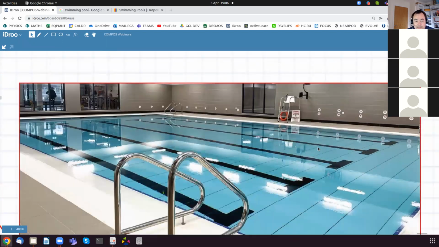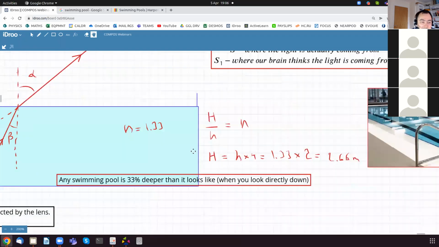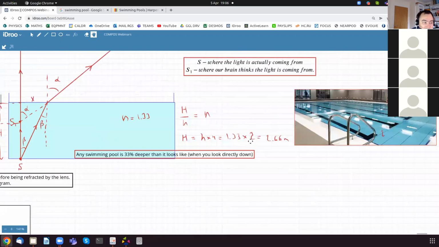You can see here the swimming pool looks quite deep, but definitely not as deep as it actually is. But at the edges it looks very, very shallow. So it looks as if it's getting shallower towards the end of the swimming pool. And the reason is that the angle is no longer small. It's not a small angle anymore, and this formula stops working. So this formula only works when you look directly down the swimming pool.